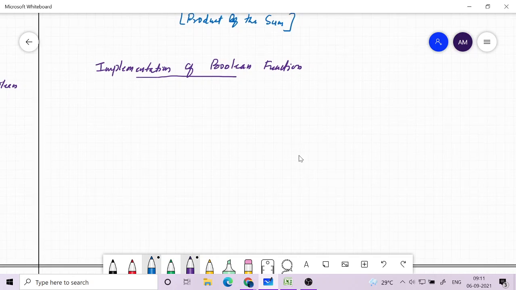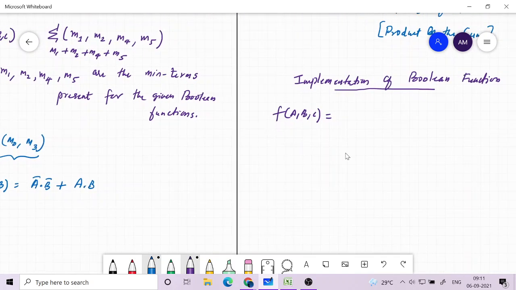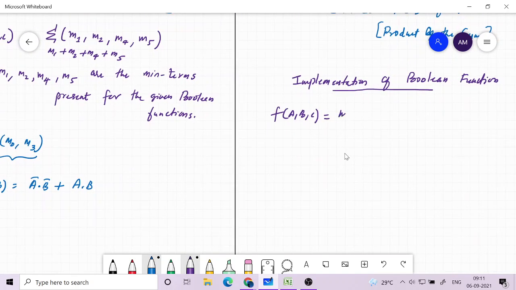If you look at the first expression, f of a b c is equal to m1 plus m2 plus m4 plus m5.